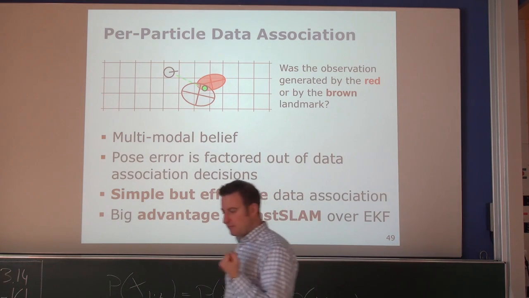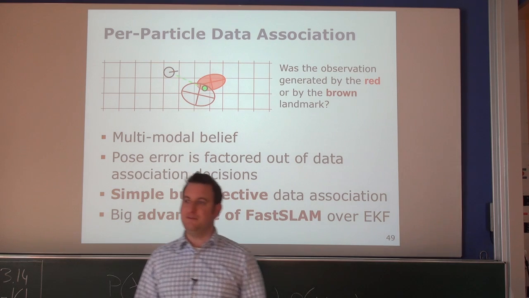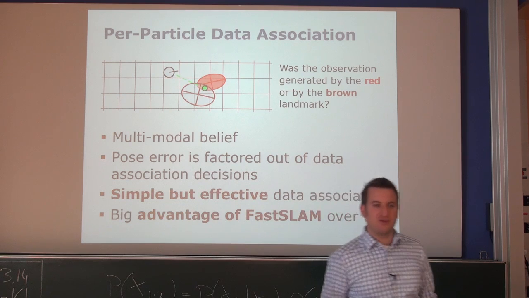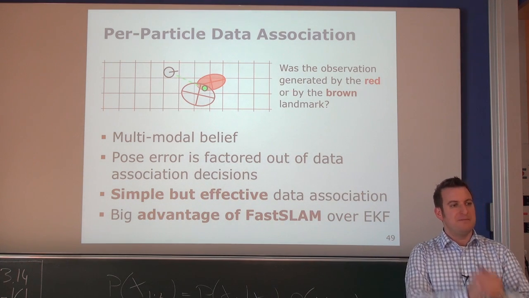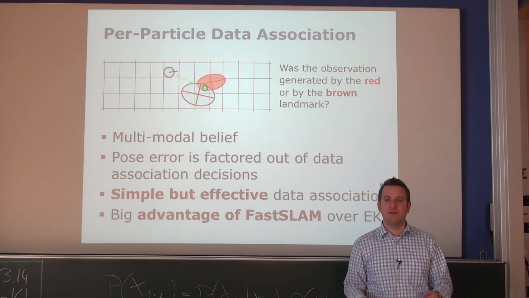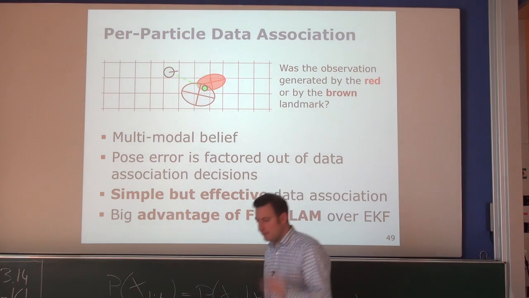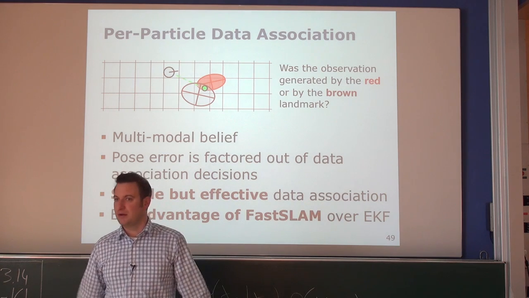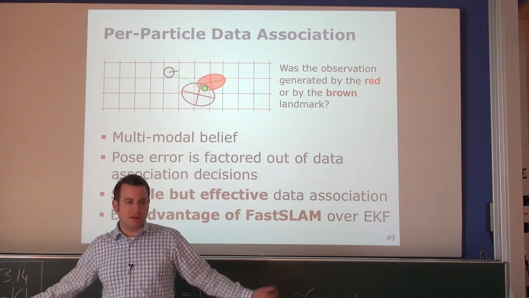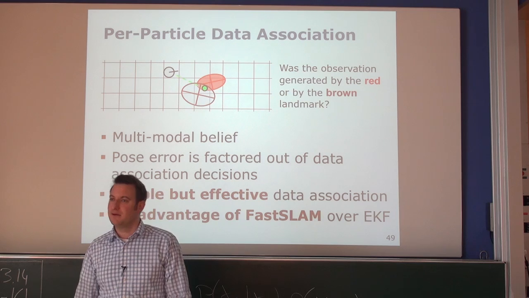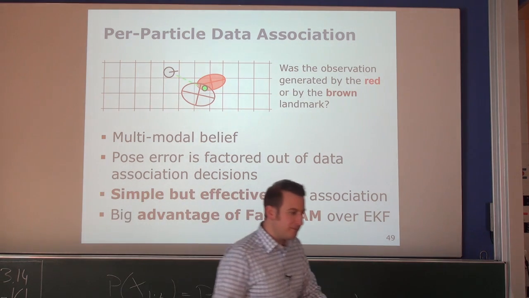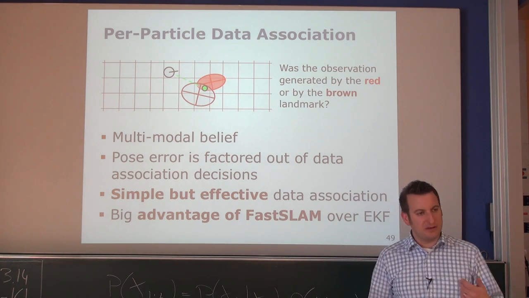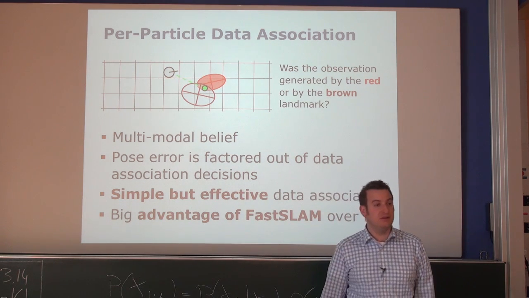This sampled representation makes it very easy for me to do this advanced data association, having multiple data association possibilities in my belief. This is something which naturally evolves from FastSLAM, and the advantage here is the sampled belief compared to a Gaussian distribution or other parametric form. This is one situation where the sampled belief is really advantageous and offers a nice possibility to do that.